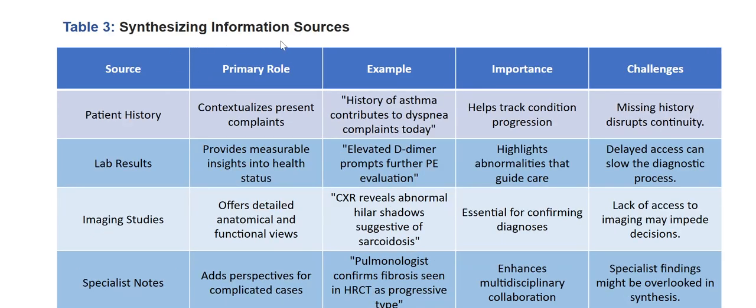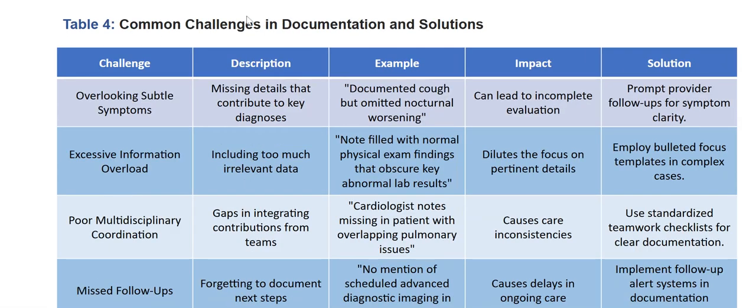Table on synthesizing information sources: source, primary role, example, importance, challenges. Sources: patient history, lab results, imaging studies, specialist notes, real-time monitoring. Table on common challenges in documentation and solutions: challenge, description, example, impact, solution.